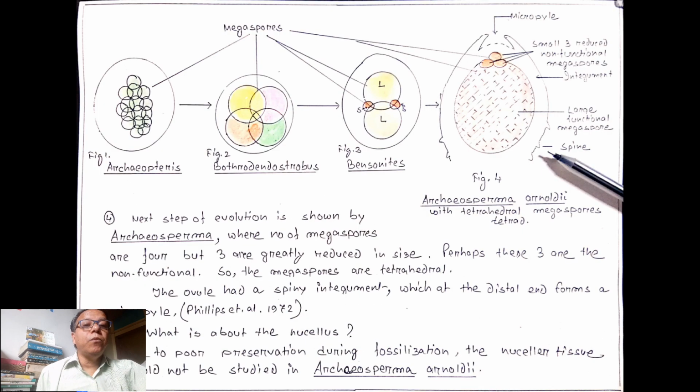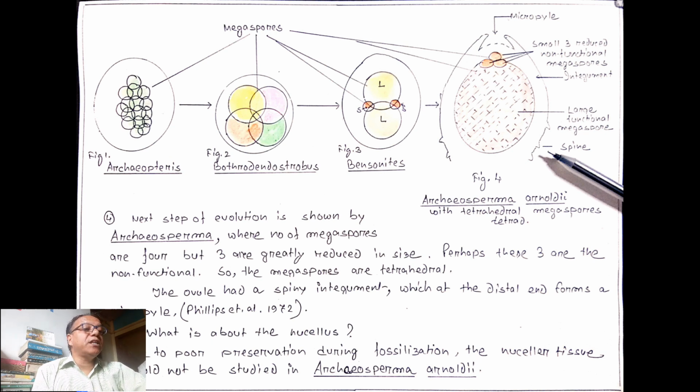Now we are going to discuss figure number 4, that is the Megasporangium of Archaeosperma arnoldi. Look at the first figure. Here the number of megaspores is many. That is, Archaeopteris represents many megaspores in the Megasporangium, but the number reduced to 4 in case of Bothrodendrostrobus.